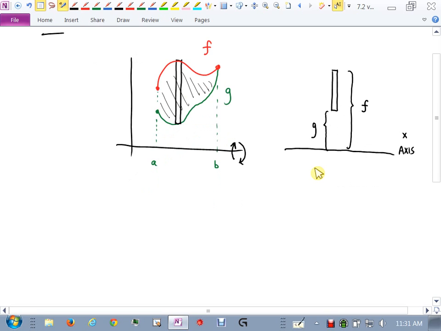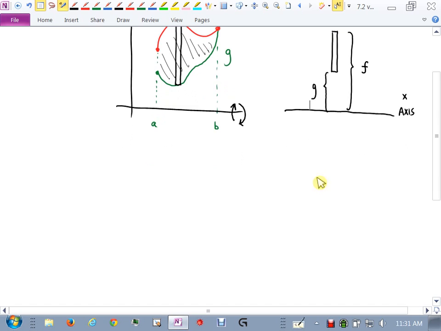Now, if I wrap that little rectangle around in three-dimensional space, it would look like this, wouldn't it? And my axis of rotation would be there. There's my x-axis.